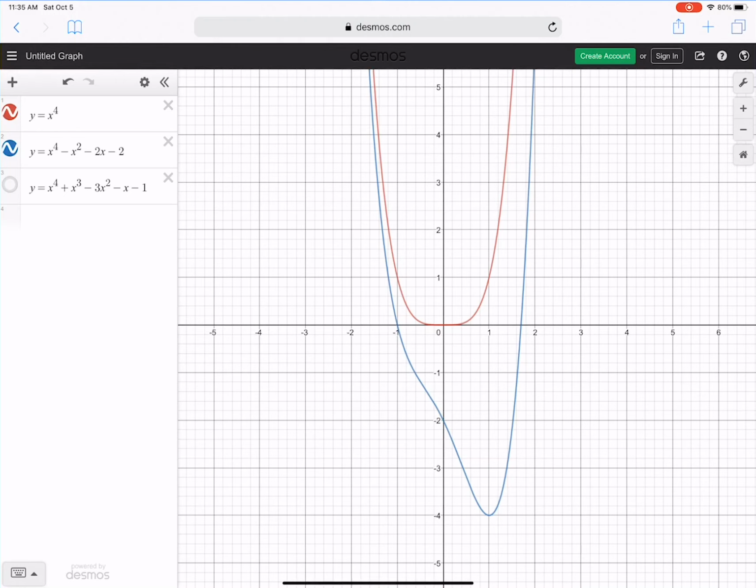So obviously the shape is pretty different, but one of the similarities that you're seeing is it's still rising to the left and rising to the right, both of these, because both of these equations have positive leading coefficients and even degree. They're both degree 4, both positive leading coefficients. Okay, but I'm not seeing any additional turning points. I've still only got one turning point on my second graph. I only had one turning point on my first graph.